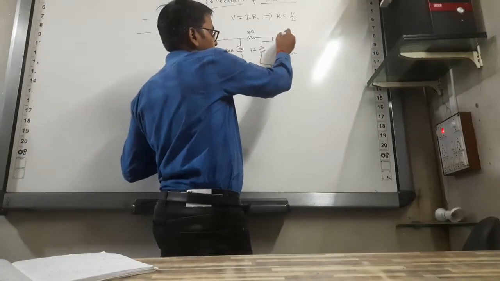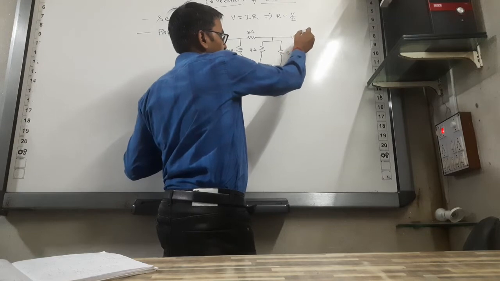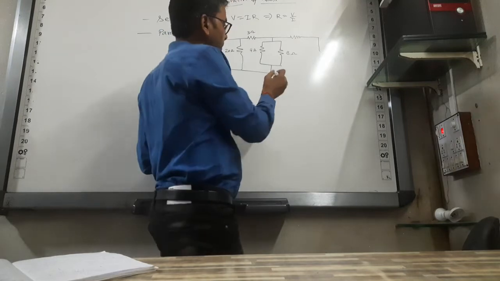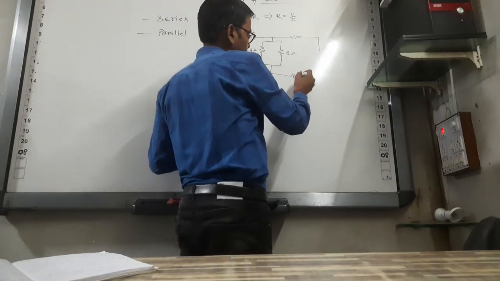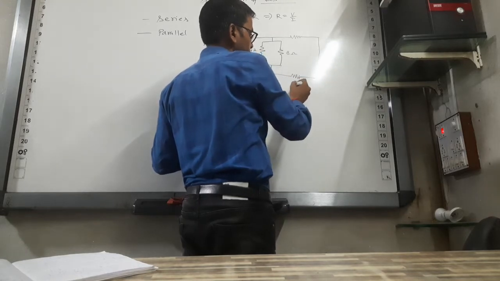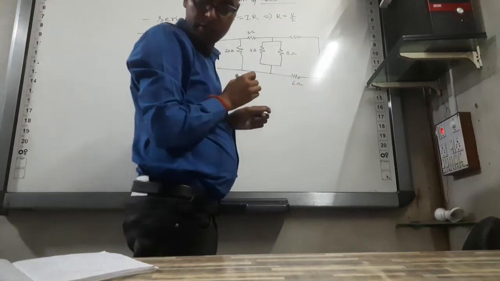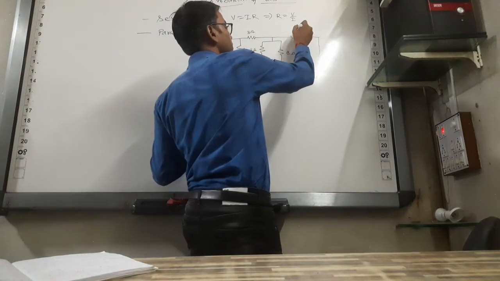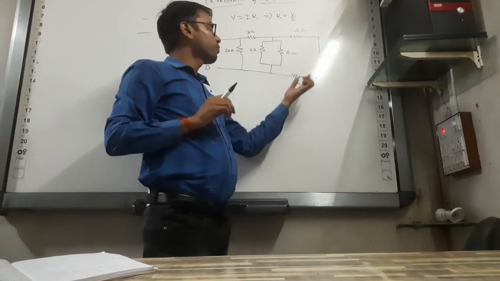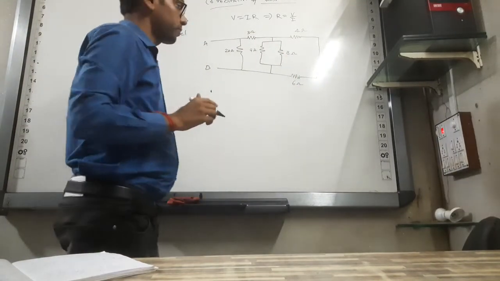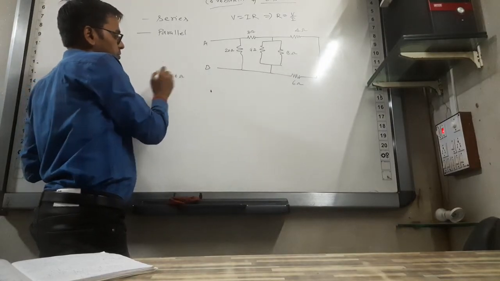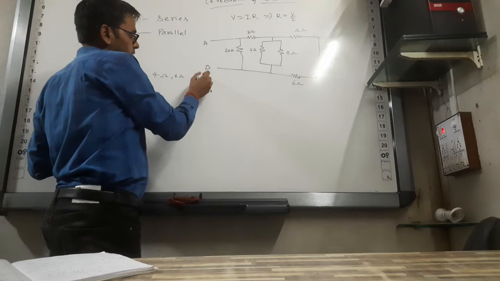Now a third resistance, 6 ohm. This one is 6 ohm and this one is 4 ohm. From the circuit diagram, 4 ohm and 6 ohm are in series combination.